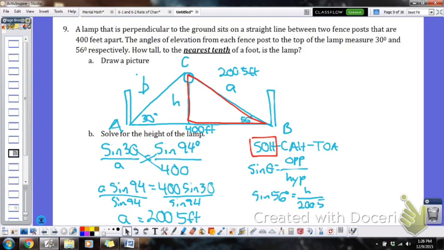Multiply by 200.5, I get h is equal to the sine of 56 times 200.5, and I get my height equal to 166.24.